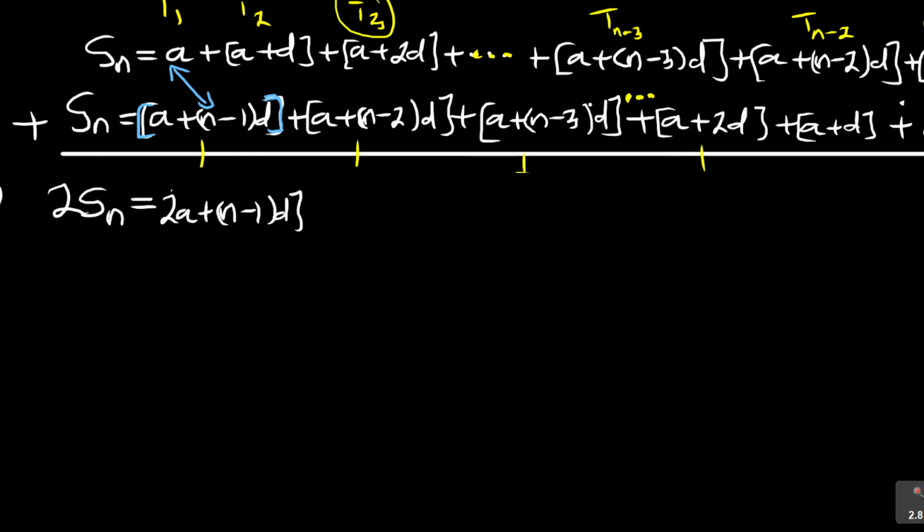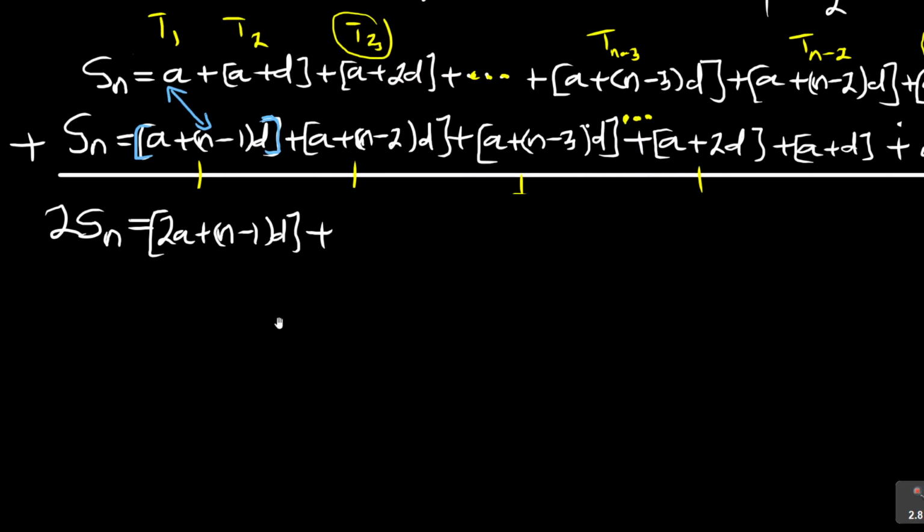Plus, if I add again my T2 and T2, you'll still get the same thing, 2a plus n minus 1 d. You see what's happening? You continue again, you add T3 and T3, you still get 2a plus n minus 1 d.